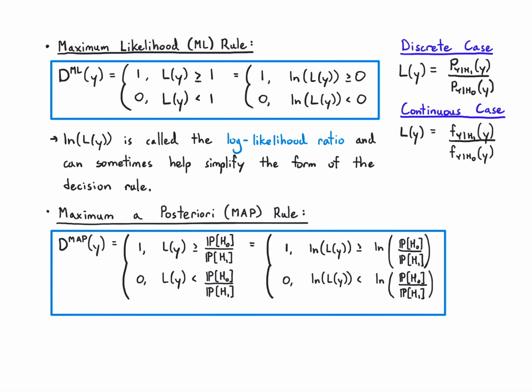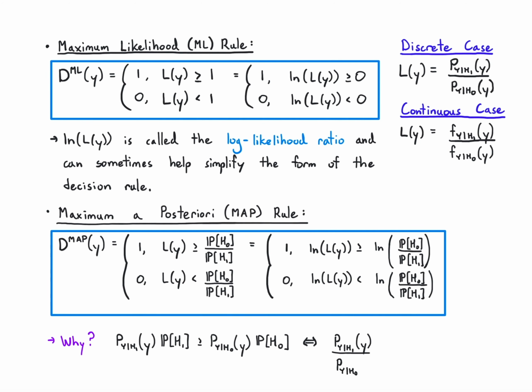Why does that make sense for the MAP rule? Remember, the way we were deciding is we were weighting the conditional PMFs by the probabilities of the respective hypotheses. So I can just shift some terms over. I can form the likelihood ratio on one side, and the probability of H1 shifts over to the other side, and I get exactly the threshold that I'm comparing to. Here is the likelihood ratio, and that's exactly why I have this rule.